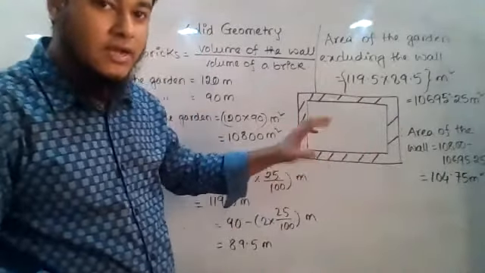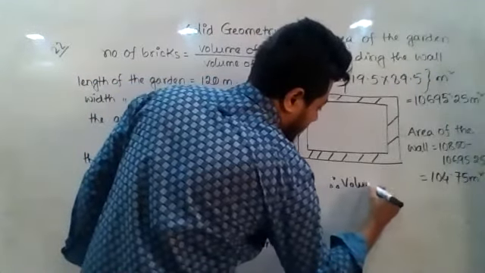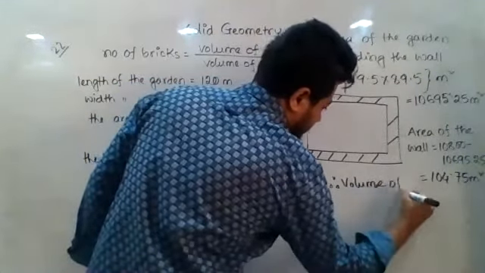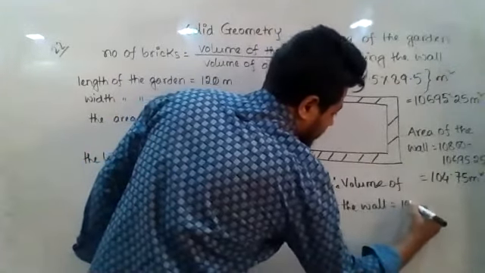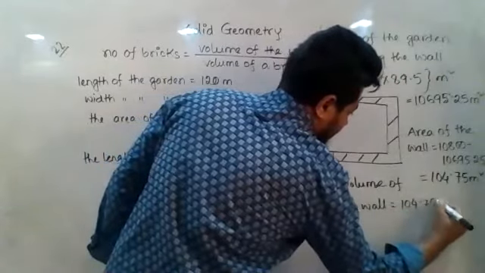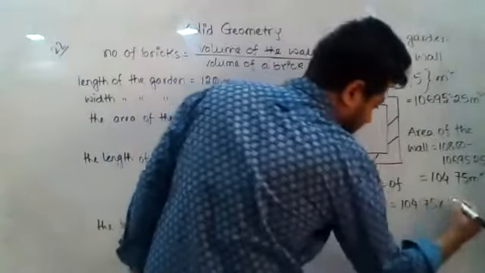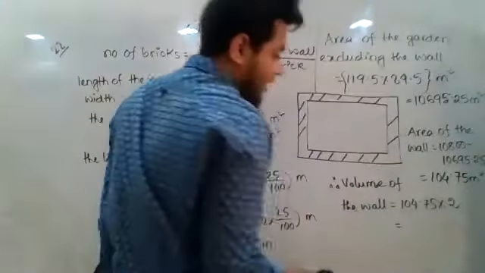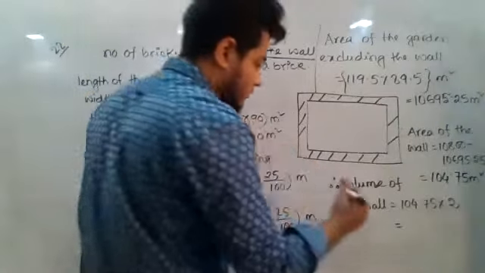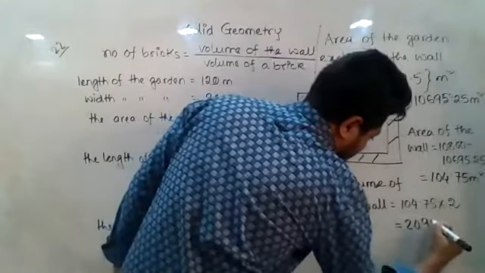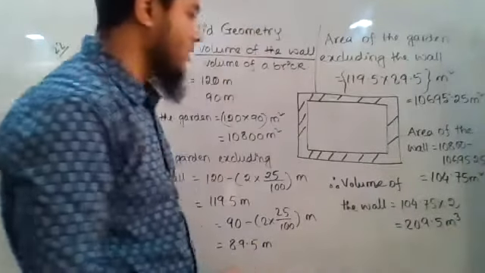So the volume of the wall will be equal to 104.75 into the height, 2 meter. So it will be 209.5, 209.5 meter cube.